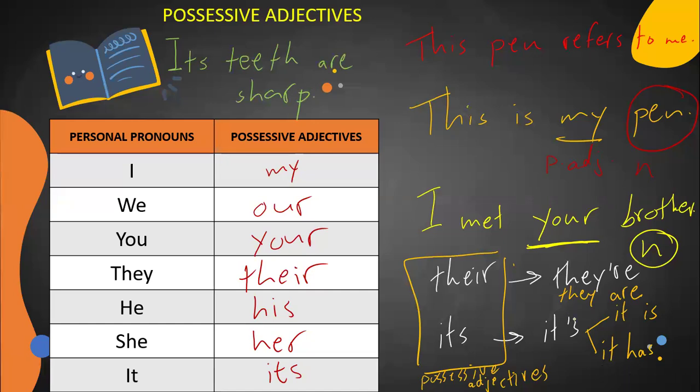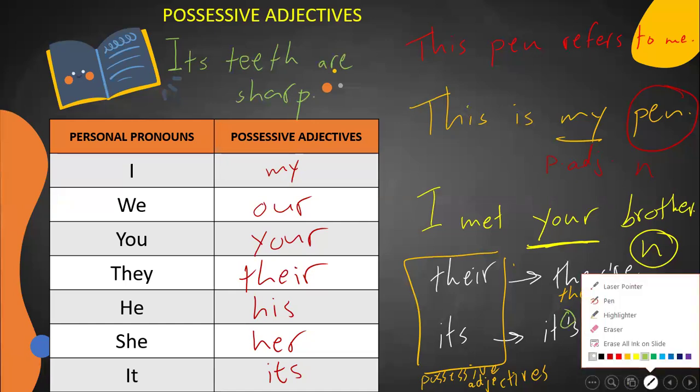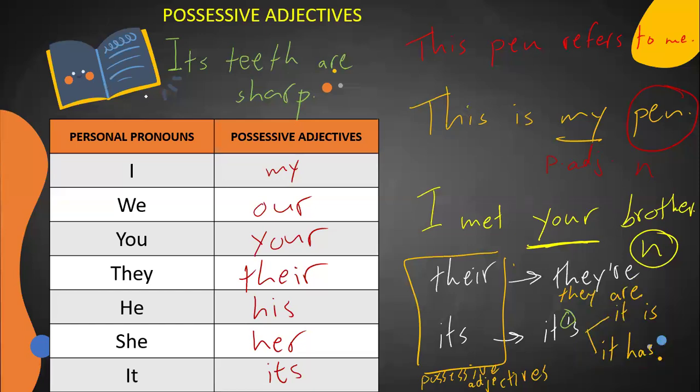We don't have an apostrophe here, because it's a possessive adjective. But if we have this sentence, for example, it's a cat, this one is the shortened form of it is. It is a cat.